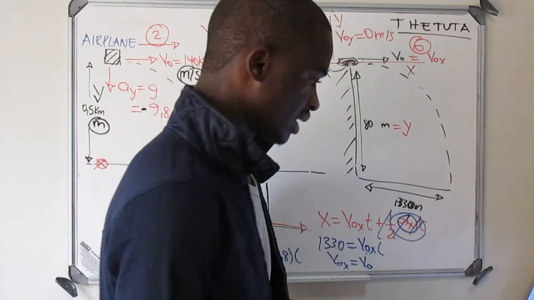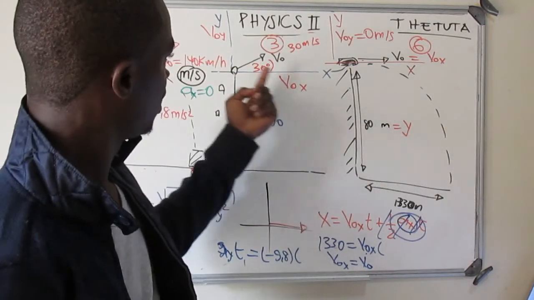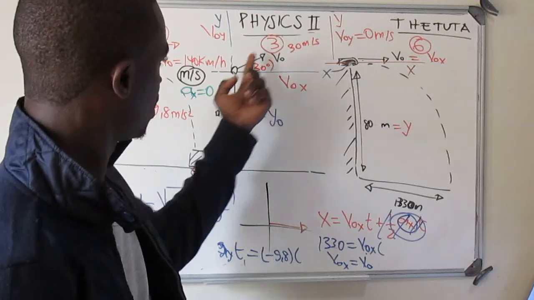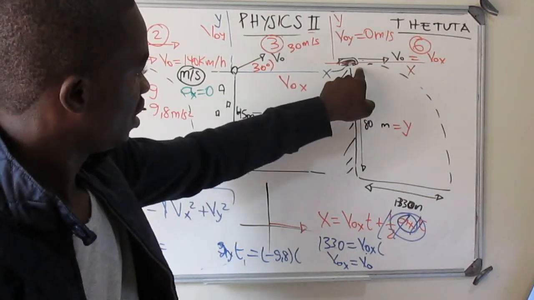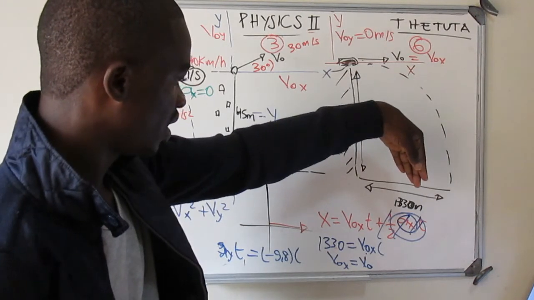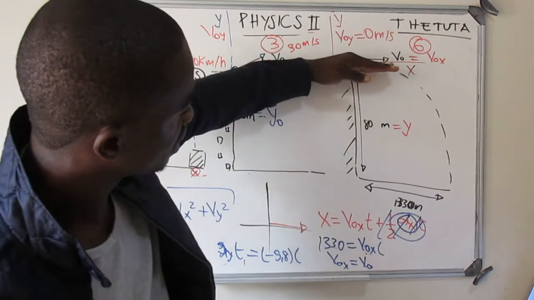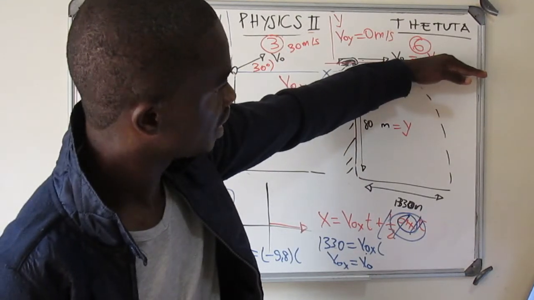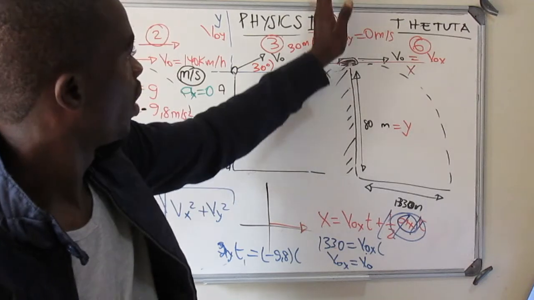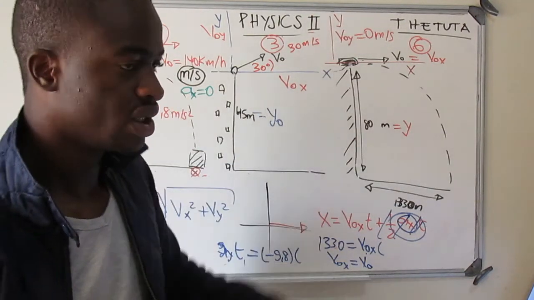So we can see the only difference between the three questions. Here it was thrown or shot, but here it was a shell that was fired. The speed is in the x-axis, therefore in y it's going to be equal to 0. That is the difference between the three questions.